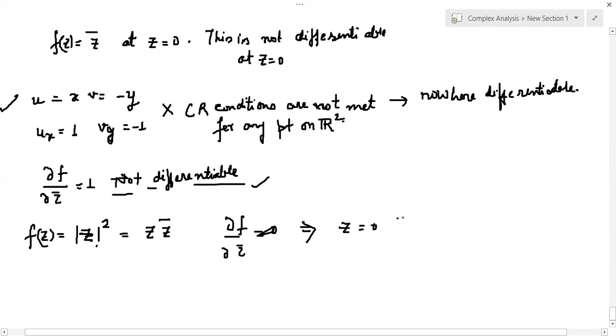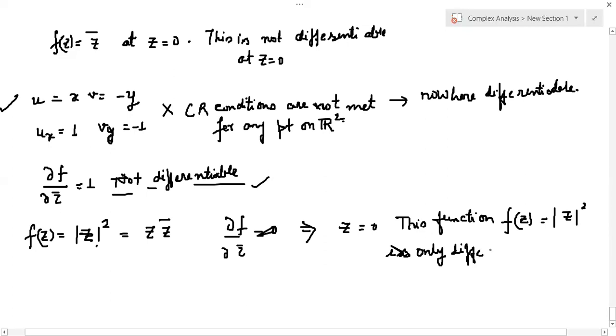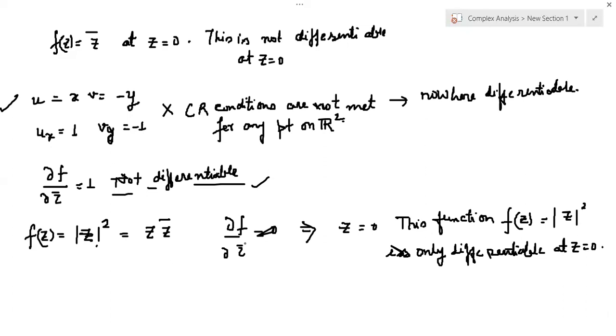It implies that this function, f(z) equal to mod z whole square, is only differentiable at the point z equal to 0. So z equal to 0 is the only point of differentiability here. I hope it is clear.